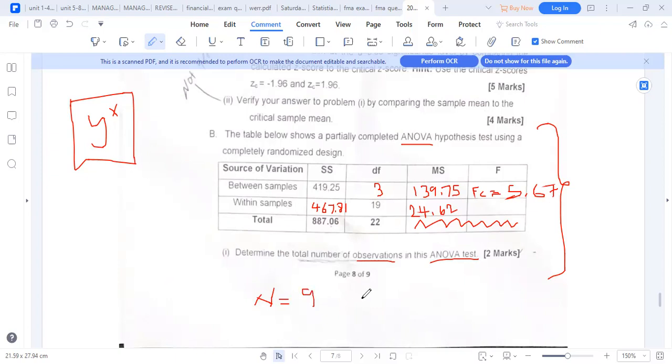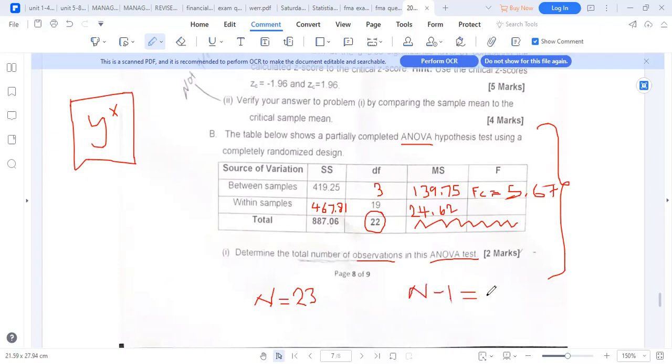How did you get the 9? How did we get this? We added 19. N minus 1 is the degree of freedom for the total.